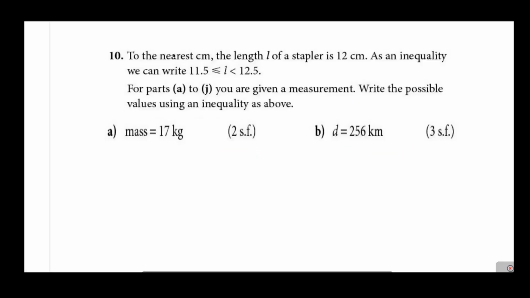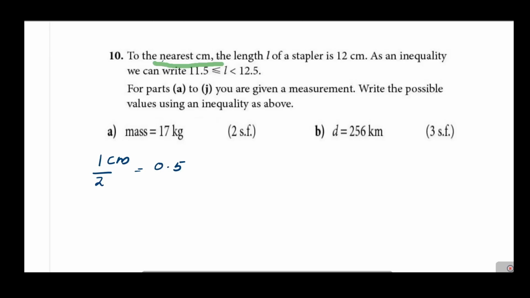When we have to deal with limits of accuracy, you should know how to write it as an inequality. Limits of accuracy means you have to deal with upper and lower bounds. Underline the keyword nearest centimeter. Nearest centimeter means I have to get the key point, which is 0.5.